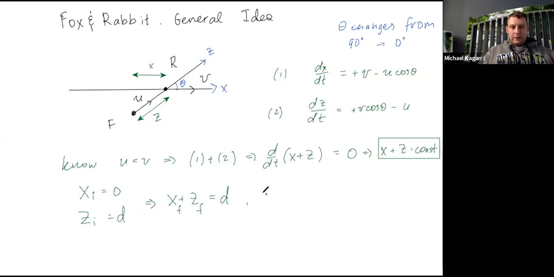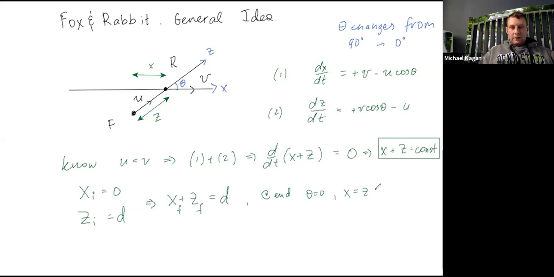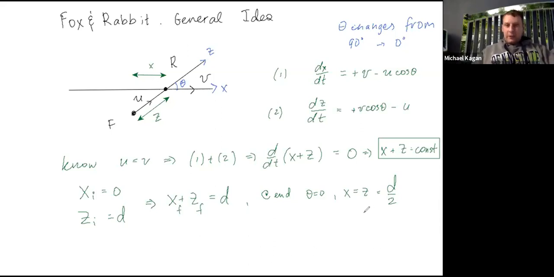So at the end, theta is 0, x is equal to z, and equal to d over 2. So Vincent, your answer was close numerically. It was like 0.57, but the actual answer is simpler. It's just 1/2.